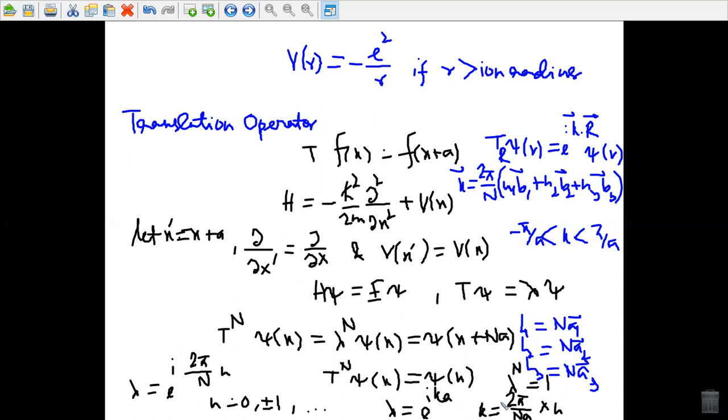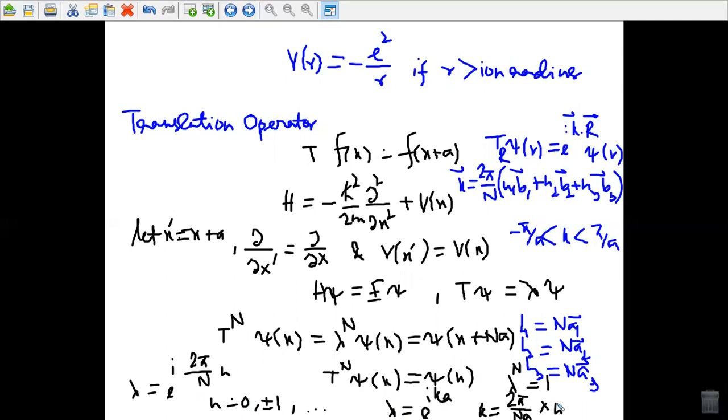Thus, if lambda to the power N is equal to 1, lambda itself must be the Nth root of unity, that is e to the power i 2 pi by N times small n, where small n takes the values of 0, plus minus 1, and we can write lambda as e to the power i ka, where k is equal to simply 2 pi by Na times n.